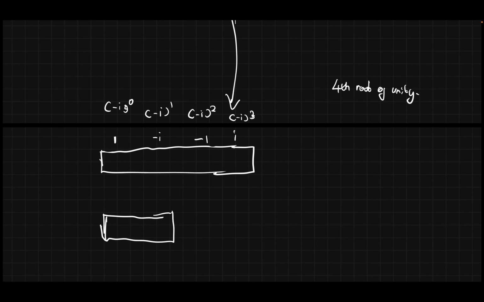The goal is that you want your interpolating set to be roots of unity, but since I'm using 4 values, I need the fourth root of unity. Why did you choose to use 4 values? I chose it randomly.